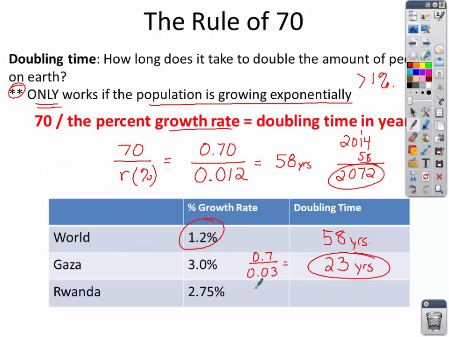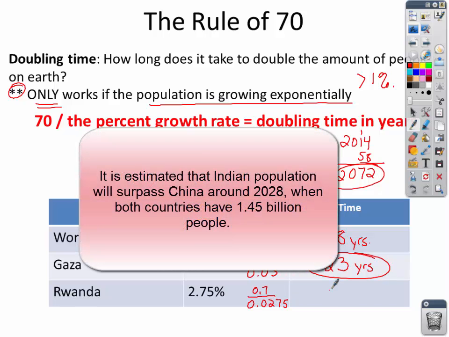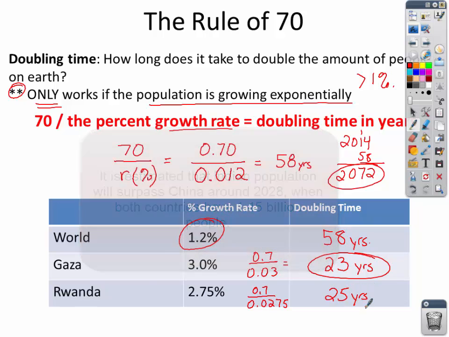Okay, calculate Rwanda. If you know anything about the situation in Rwanda, a lot of refugees, very tough life. 25 years, their population will double. Again, these places are growing exponentially, just based on sheer survival.